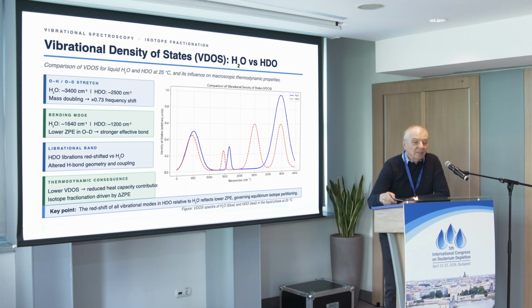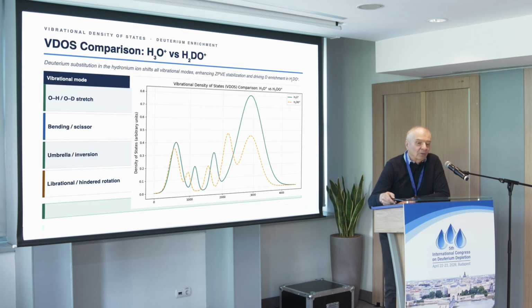This is a quantum chemical calculation, and it is in water. Now I focused on the cation, and you see the cation vibration is quite different compared to the non-deuterated cation.